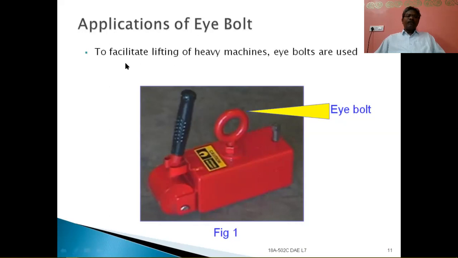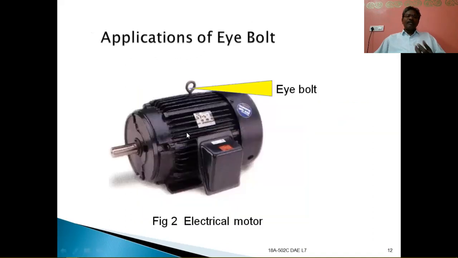To facilitate lifting of heavy machines, eye bolts are used for lifting heavy weights or heavy machinery. We are going to use these eye bolts. And this is an electric motor or maybe a generator, whatever it is. Here there is also an eye bolt which is used to lift the electric motor.